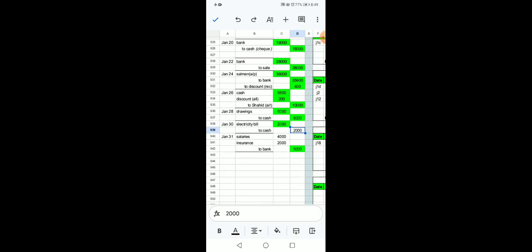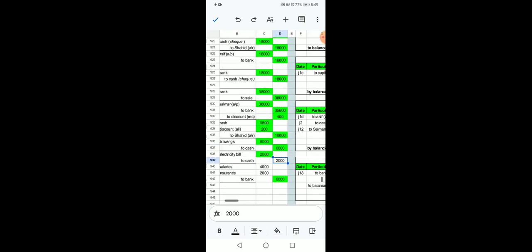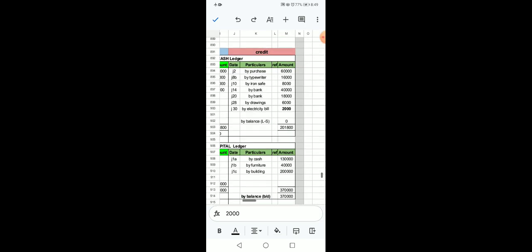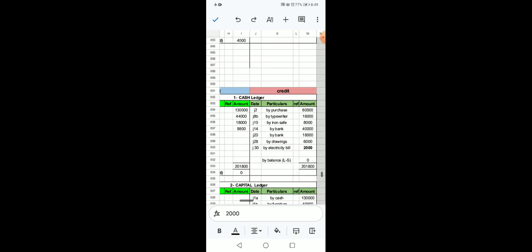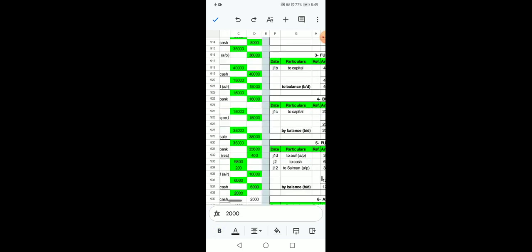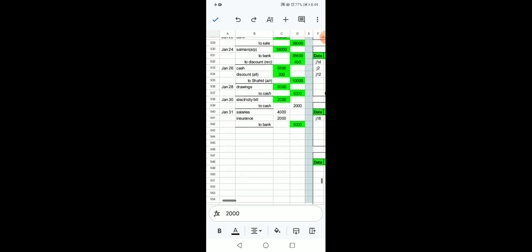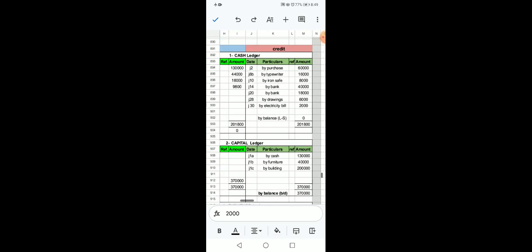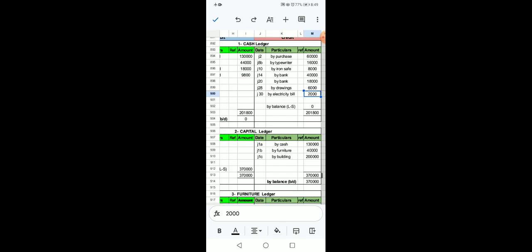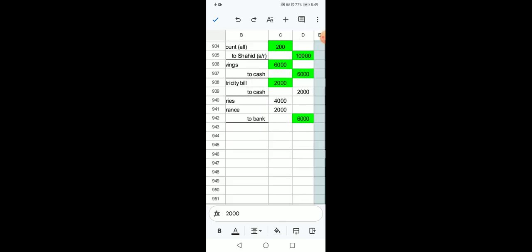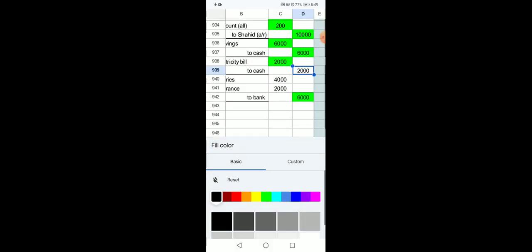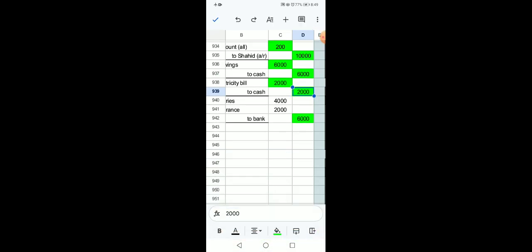We will have to check why it is unmarked. January 30, 2000 credit, in the cash ledger, 2000 credit January 30. Thankfully we have posted January 30 cash credit 2000 for the electricity bill. So it's good, we have already posted, but typographically it was not marked as done.